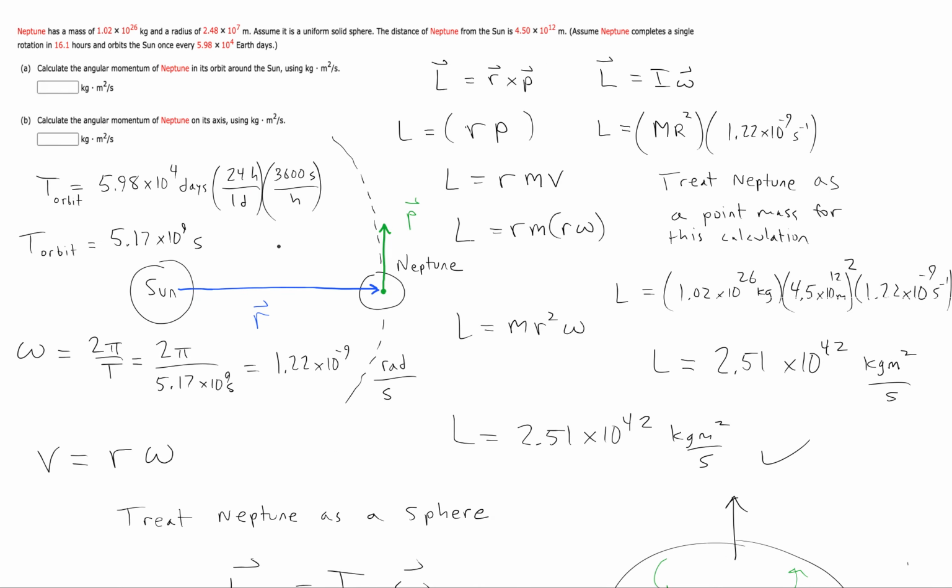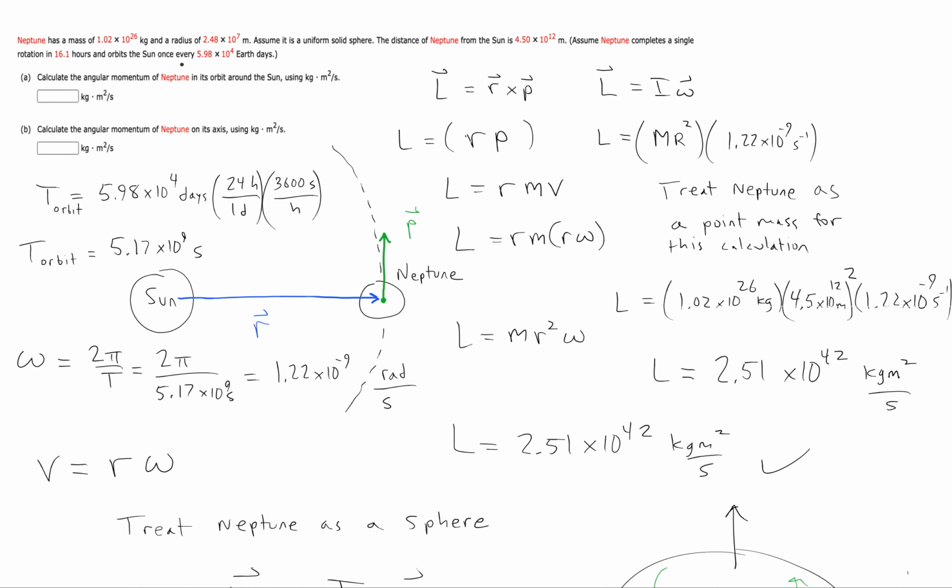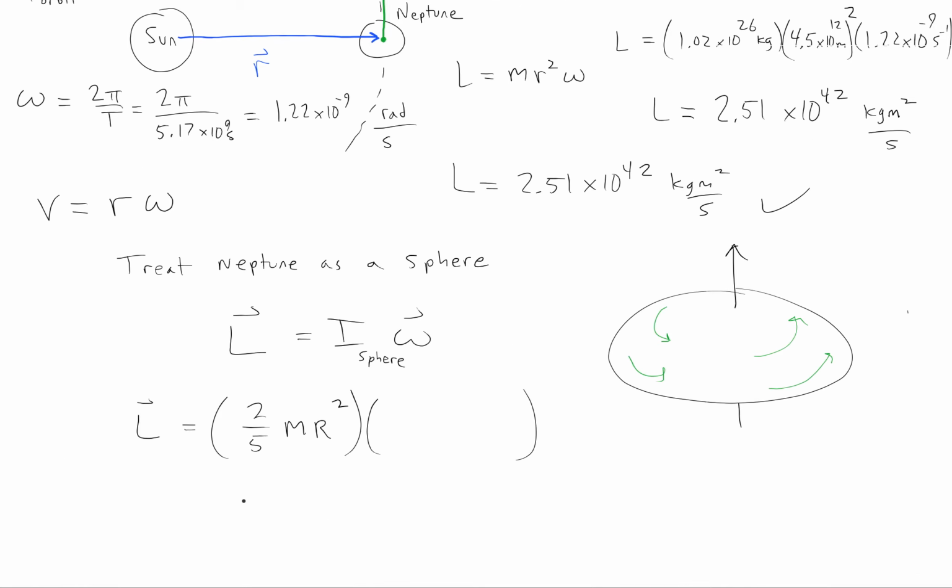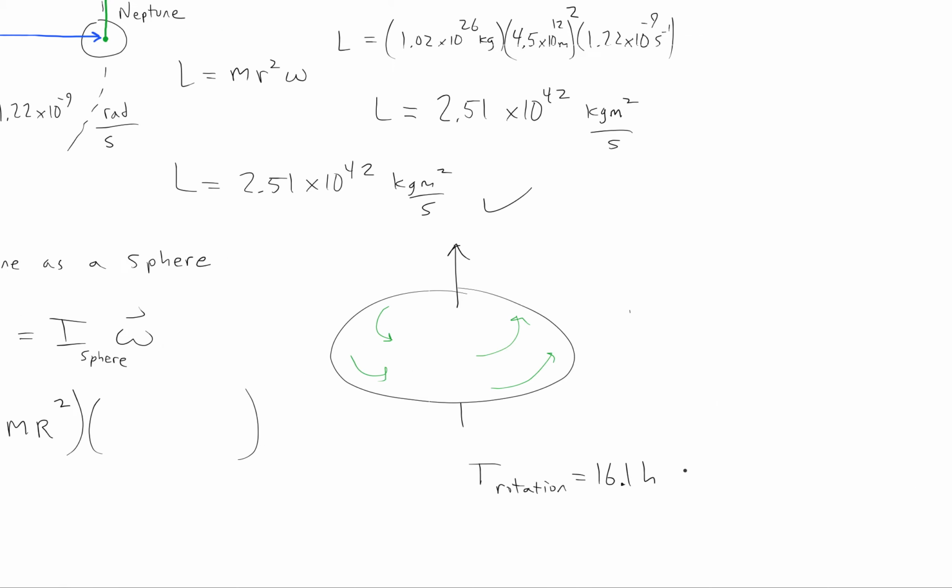So what's the angular speed of the planet? They say it takes 16.1 hours to rotate. So now my period of rotation is 16.1 hours. Let's change that into seconds. 3,600 seconds in an hour. 57,960 seconds.